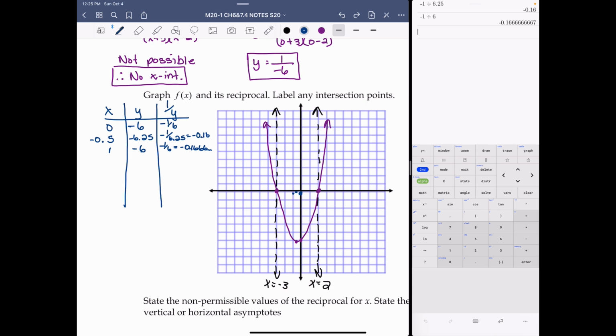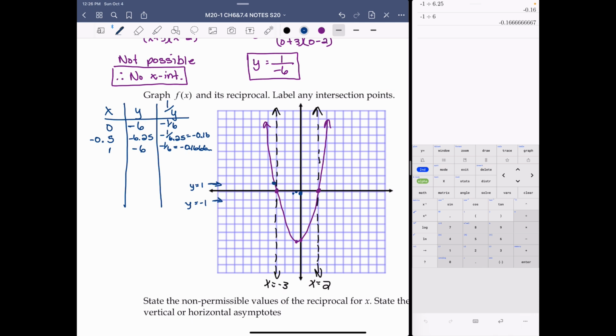The other points that are really important and will help us to graph the reciprocal function are the invariant points, which occur when y is equal to 1 and when y is equal to -1. So where's y equal to 1? We have y equals 1 here and y equals -1 here. How many points do we have on our quadratic function where y is equal to 1?